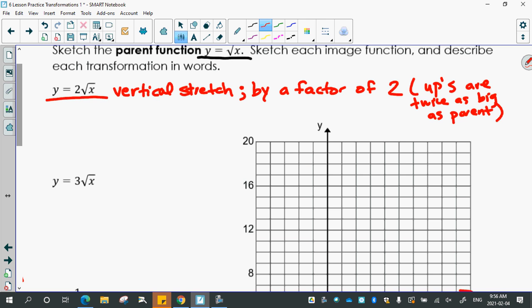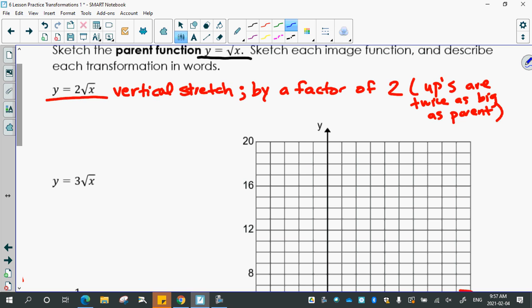Okay, so that's what vertical stretch by a factor of 2 means. Your ups are twice as big as what they are in the parent function. Okay? Doubling them.